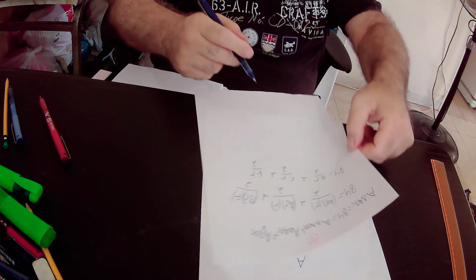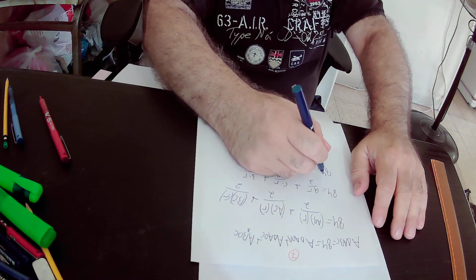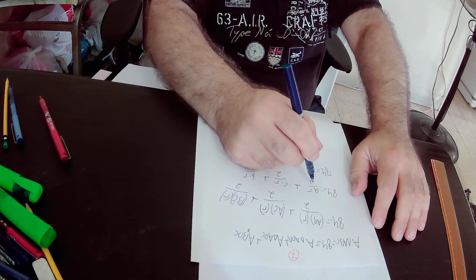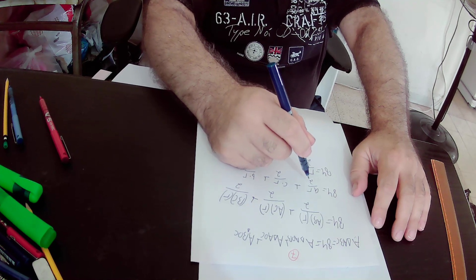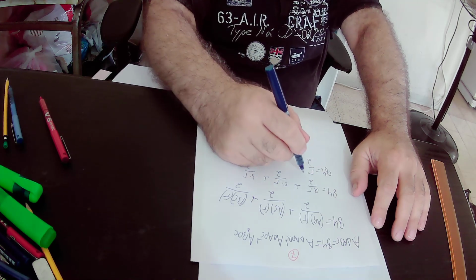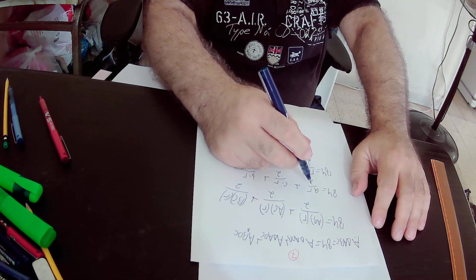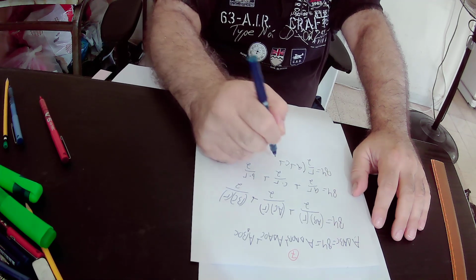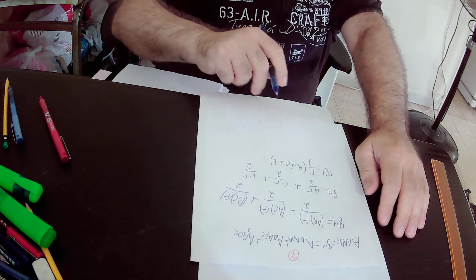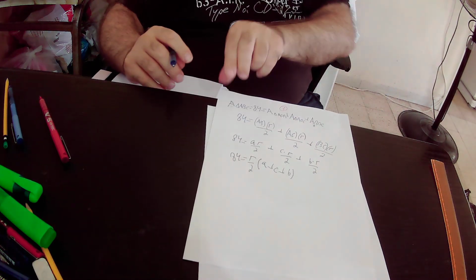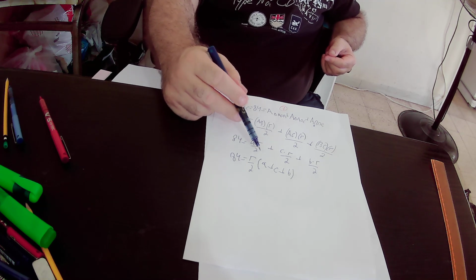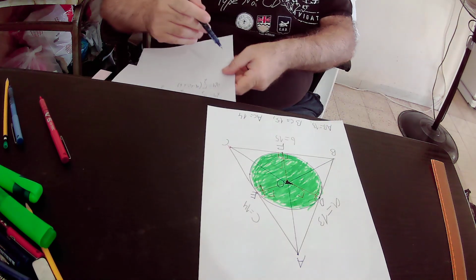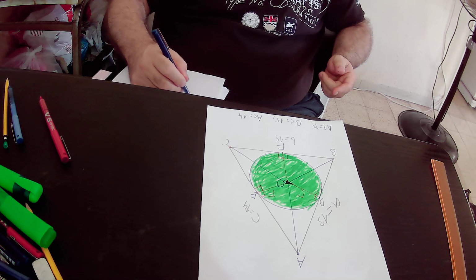After we took R over 2 out as a common factor of this expression, what is left in the brackets is A plus C plus B. We got that 84 equals R over 2 times A plus C plus B. But what is the value of A?